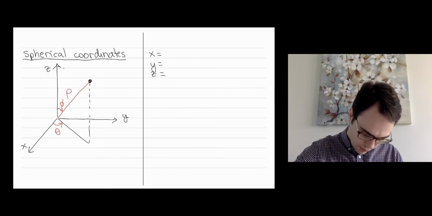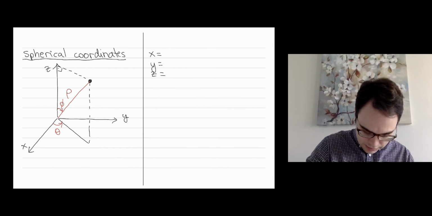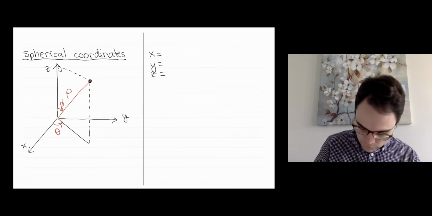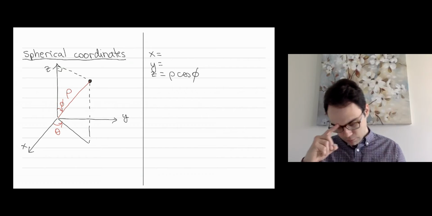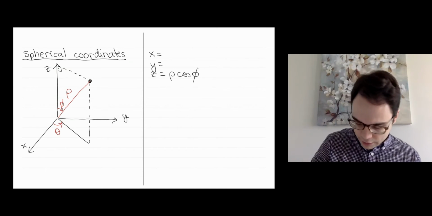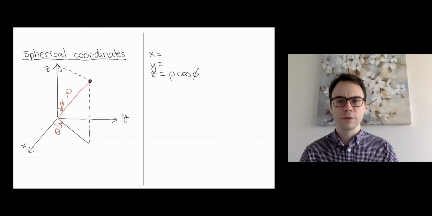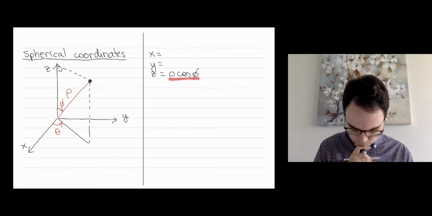So z, the height of the point, just by looking at this triangle, is equal to rho times cosine phi. Z is equal to rho cosine phi. And being able to derive these things on the fly rather than remembering them is a really useful thing. So the trick to deriving these formulas is to start with z.